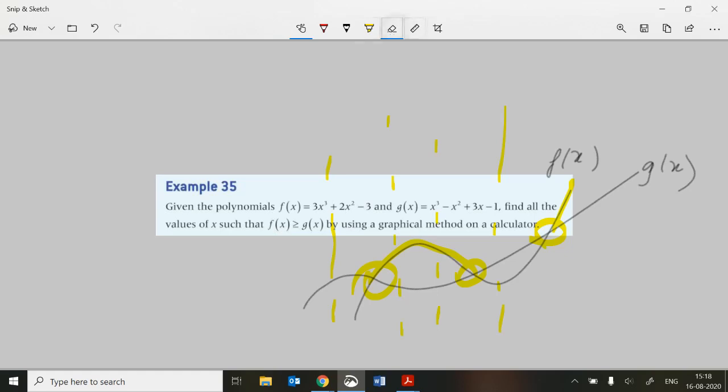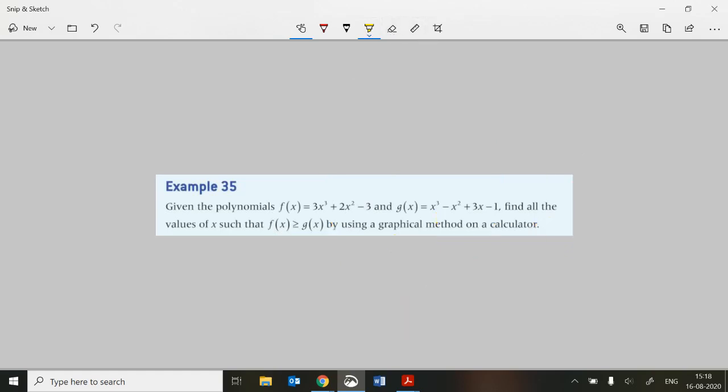For myself, I would probably rearrange this, because I would say this question is the same as doing 3x cubed plus 2, let's just write that to start off with, greater than or equal to x cubed minus x squared plus 3x minus 1. Take everything over to the left-hand side here.